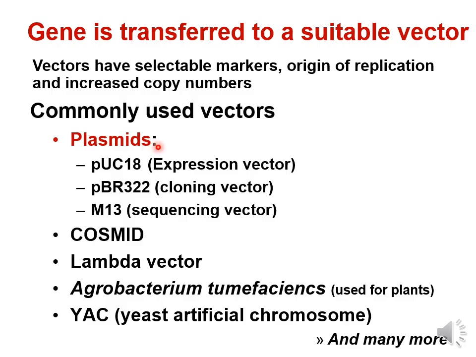In one of my advanced lectures, I have discussed other vectors. Plasmids, their nomenclature is written as small p for the plasmid, and then there is a name like pUC18 and pBR322 and so on. Some of the vectors are expression vectors, others are just cloning vectors. And there are some sequencing vectors which have been used by people for sequencing.